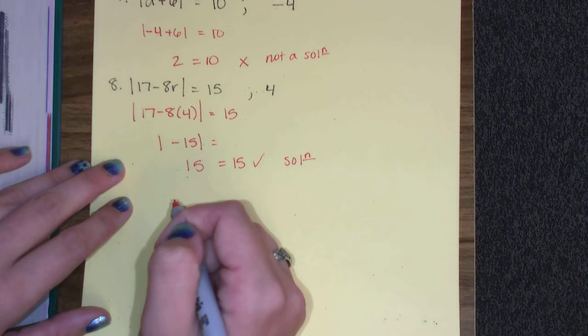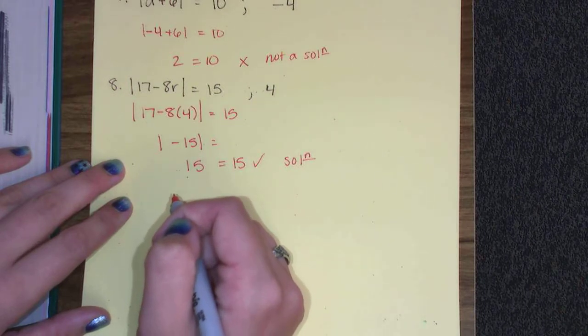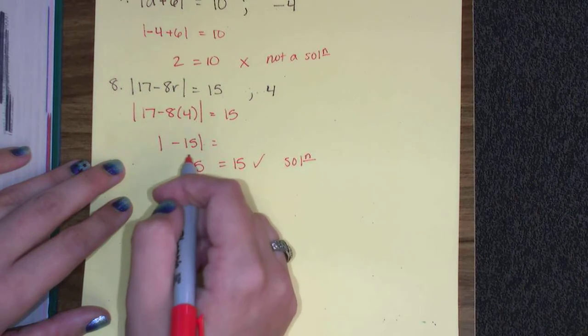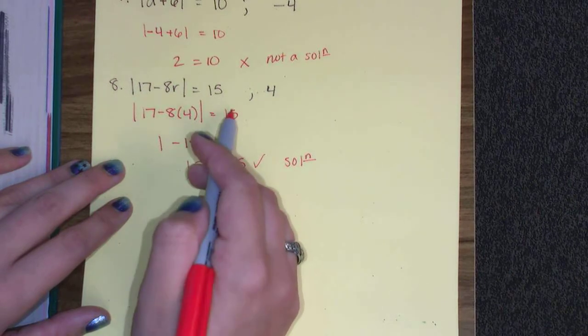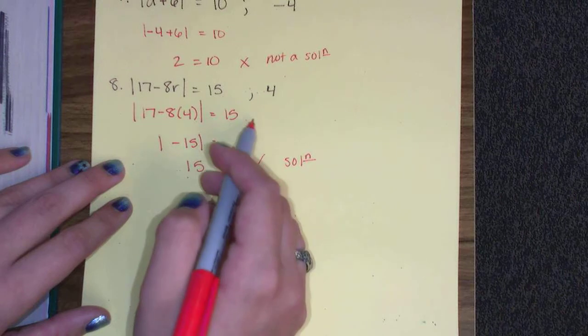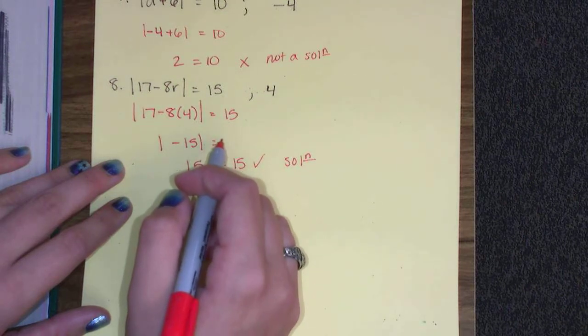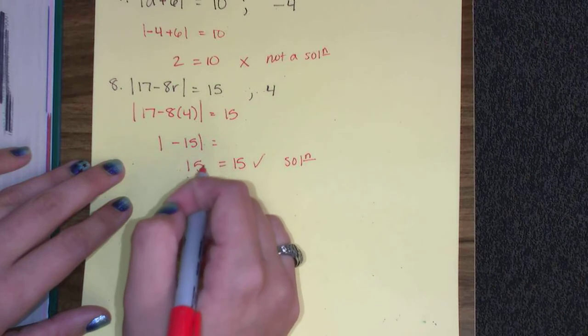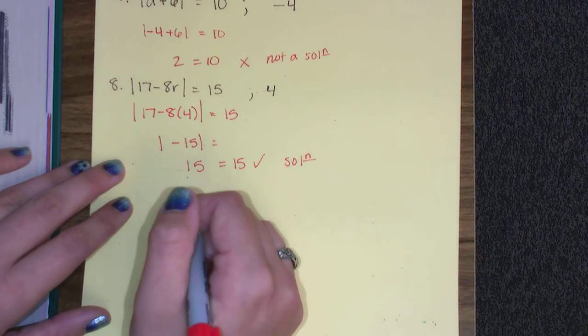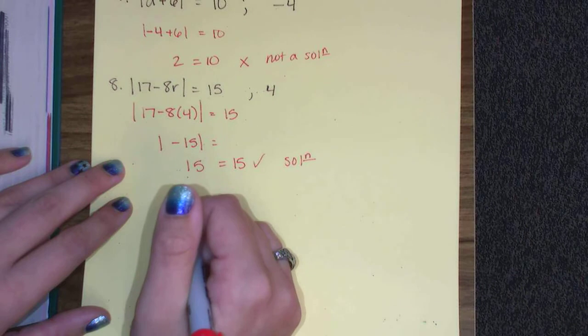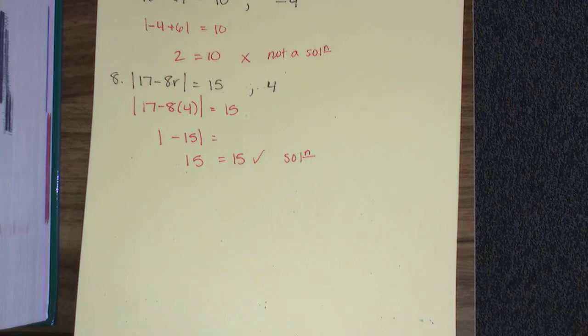Because you're taking the absolute value of it, yes, it's going to be positive. It would be no solution.